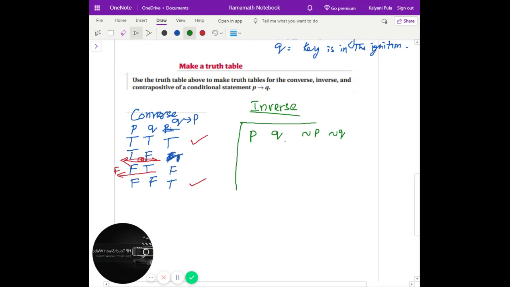The first one is P implies Q. Then the inverse, where both of them are negated, so it's not P implies not Q. And then lastly is P implies negation Q. So let's see what comes out as the truth table.